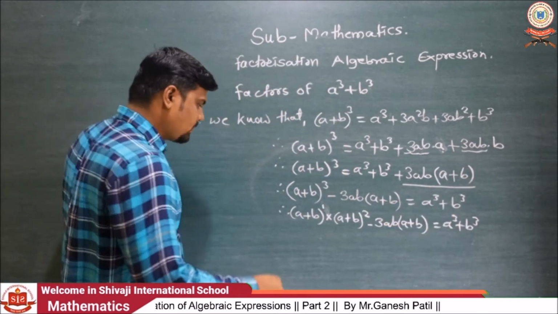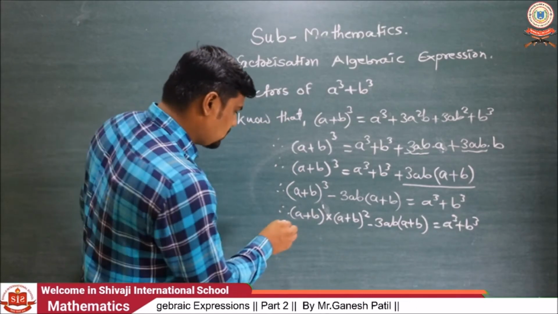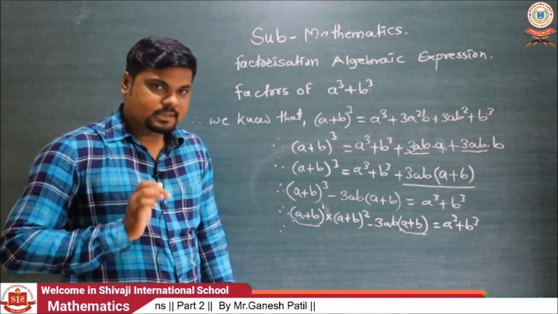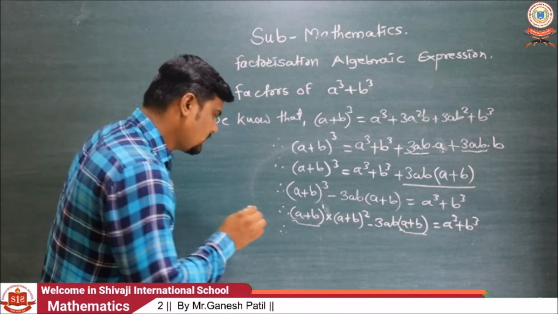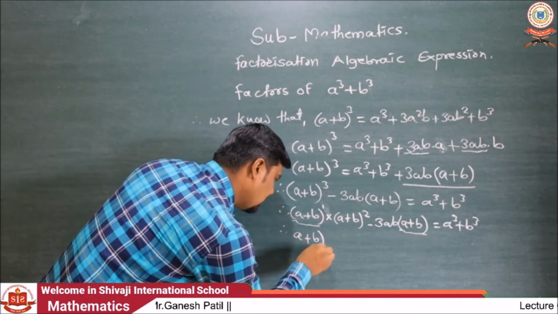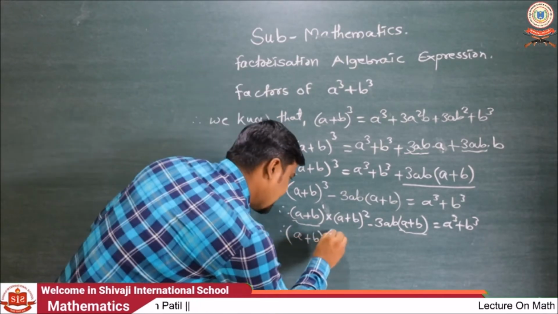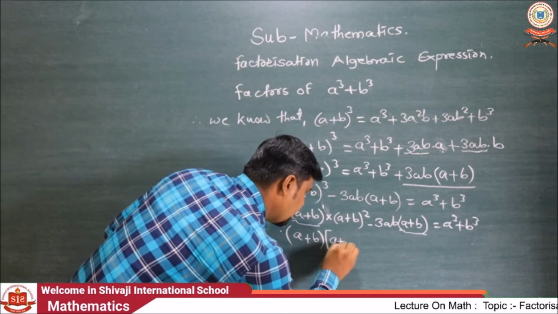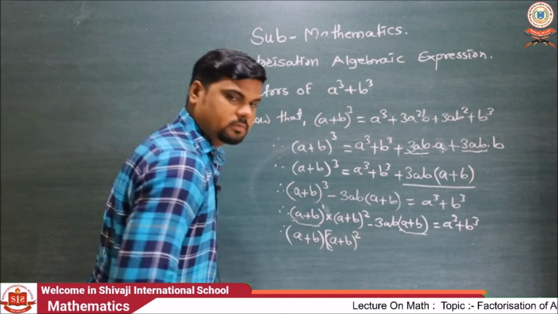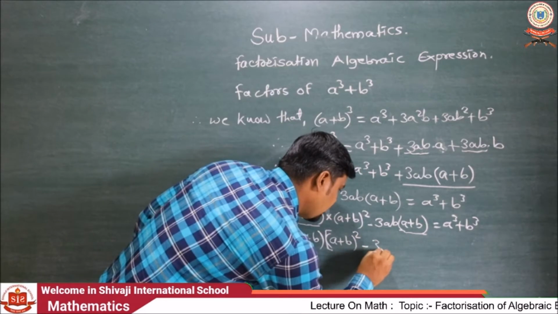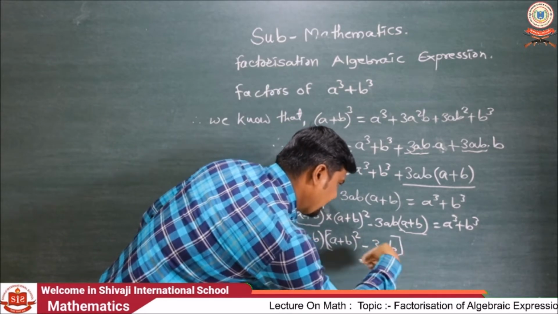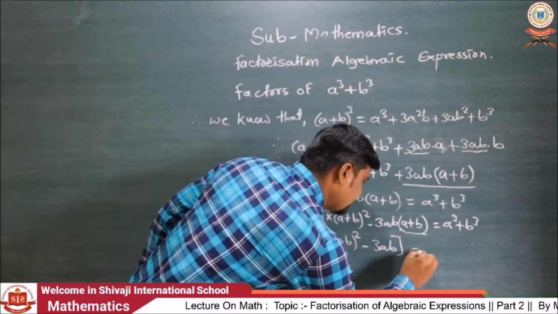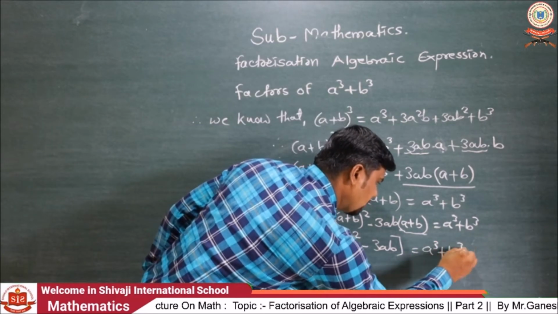Here the bracket (a plus b) is again common in both terms, so take (a plus b) common, and what remains is (a plus b) square minus 3ab, in the bracket we have taken common, equal to a cube plus b cube.